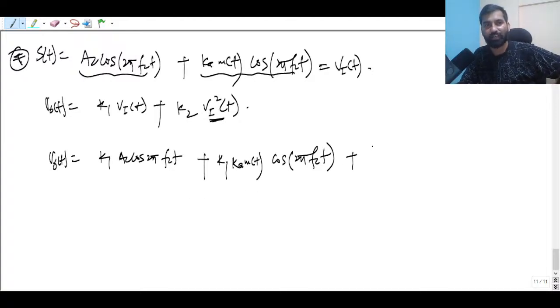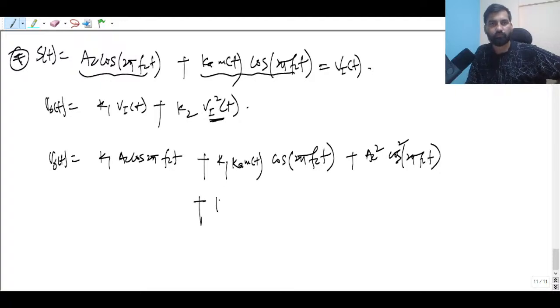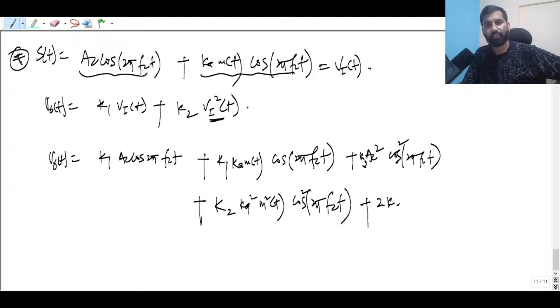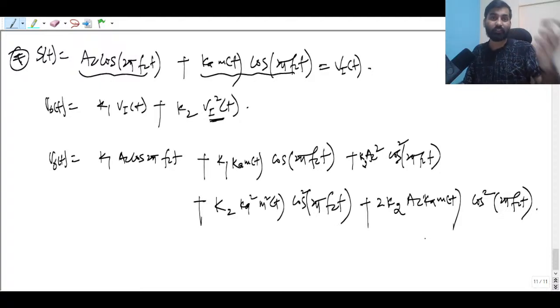So what we can do here is we can write that Ac square cosine 2 pi fct, okay, square only, then here we have to also multiply k2, k2 ka square m square t, okay, cosine 2 pi fct square only, okay, plus 2 times k2 Ac ka mt, and this will be cosine square 2 pi fct, okay. So 2 times a into b, that's it, okay.